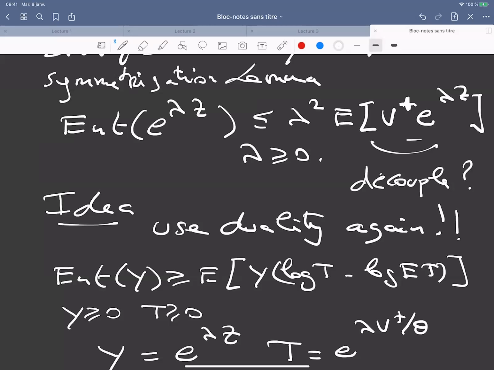Hölder's inequality with power functions has the very nice property that it is homogeneous: when you multiply the variables on the left-hand side and on the right-hand side, you get something which is balanced.